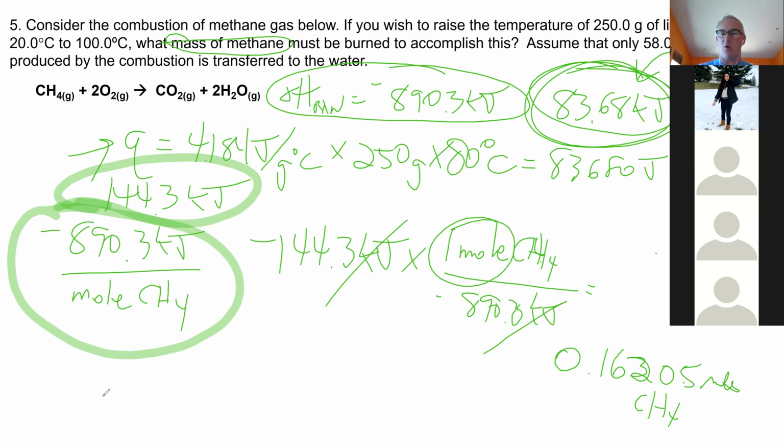So in this instance, I want moles of methane, so that goes on the top. And energy, kilojoules, I want to cancel that, so I put that on the bottom. And that's what this is: that's how much energy you get from burning 1 mole of methane. That's what delta H means.